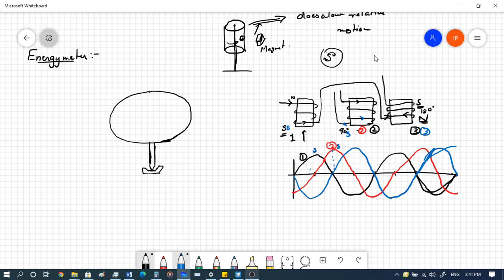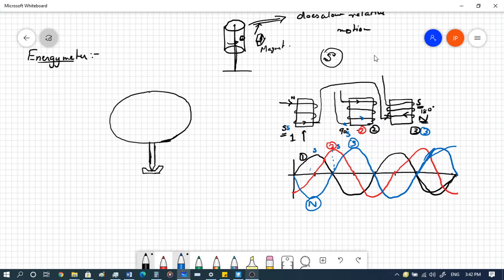Here there was a south pole for 1, and at 270 degrees the third electromagnet is having a south pole, right? So here you had a north pole over here for the third magnet, but then it became 0, then it became maximum over here.